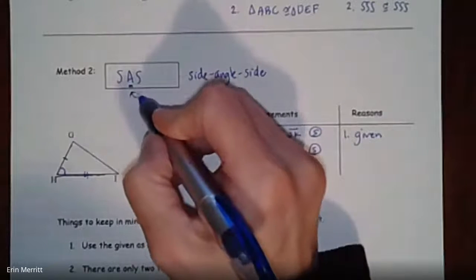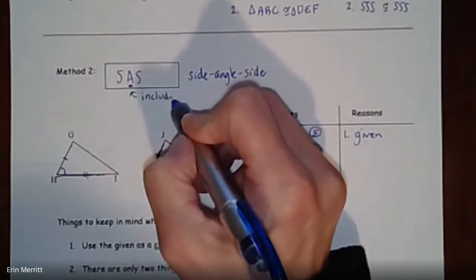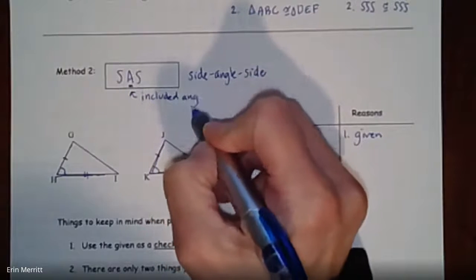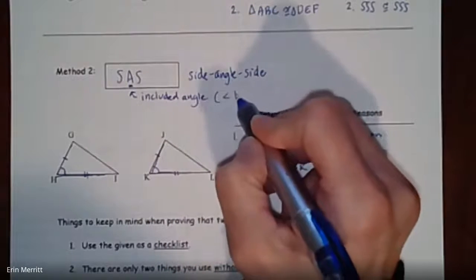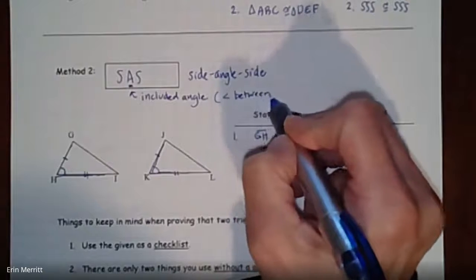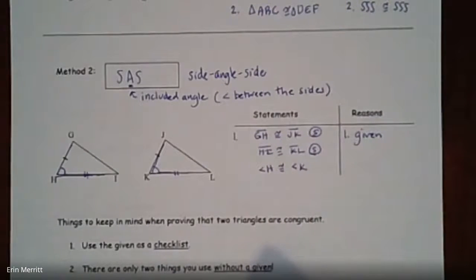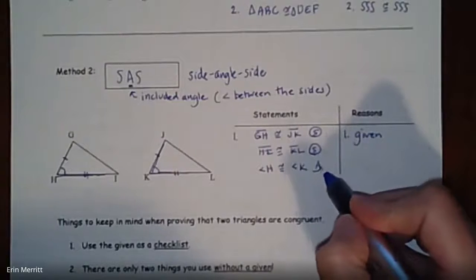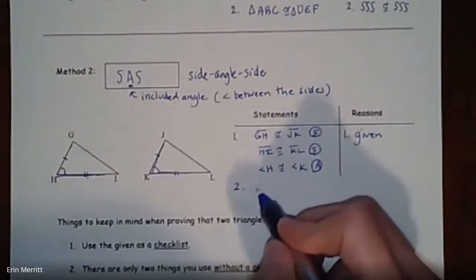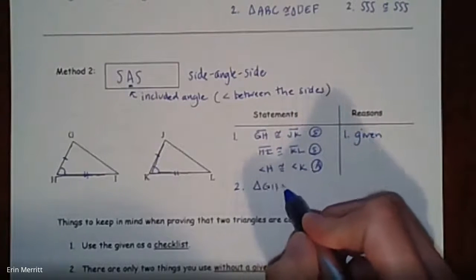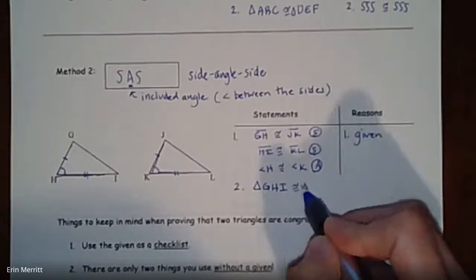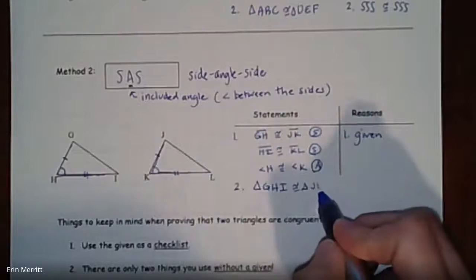So I'm just going to write a little note. That's called the included angle, which is code for the angle between the sides. And if we're given those, that would be enough to then say that triangle GHI is congruent to triangle JKL.